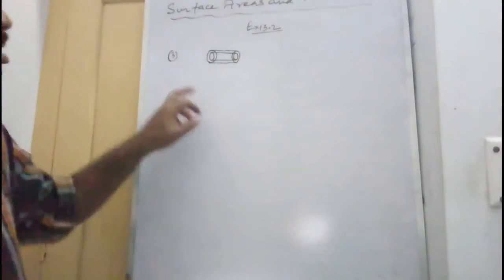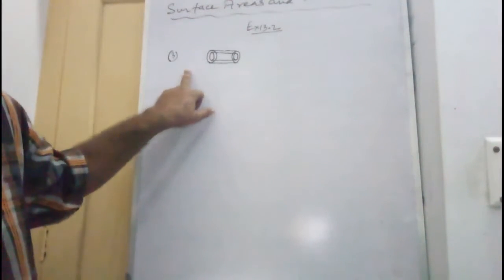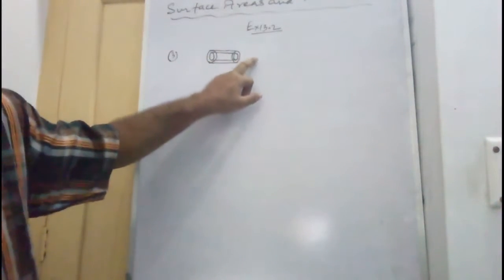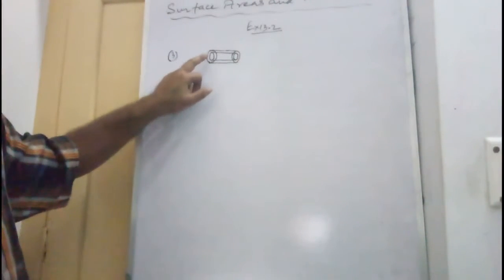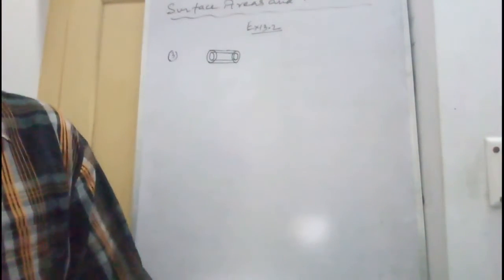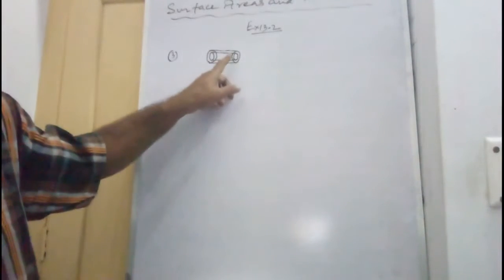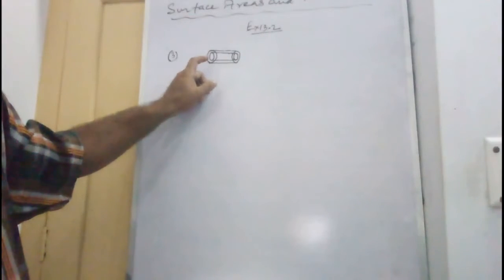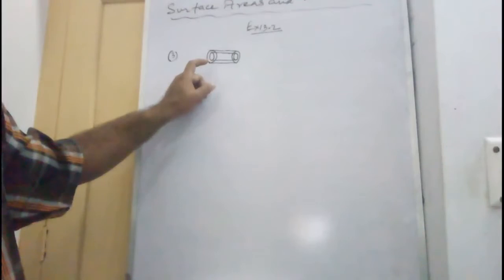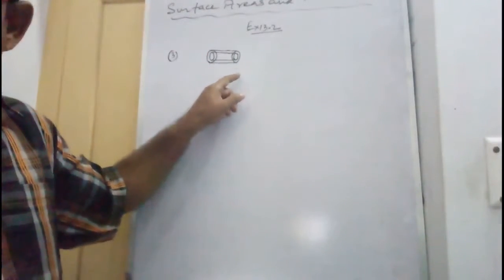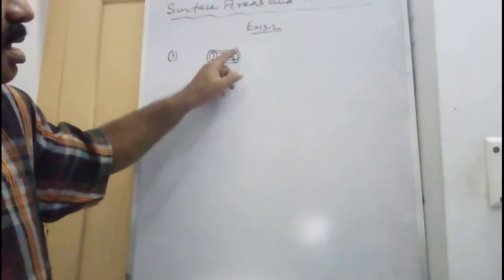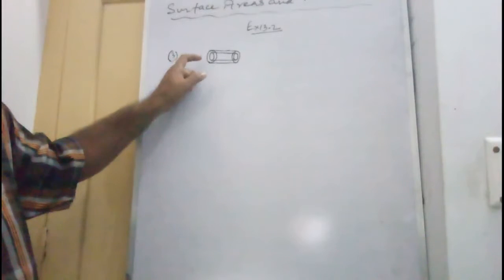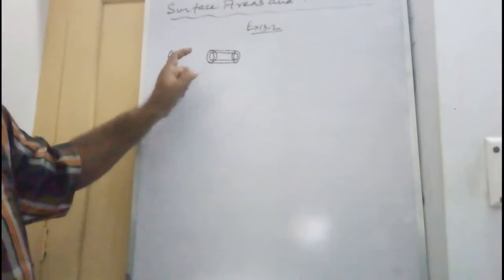Now question number 3. In this question, a metal pipe is 77 centimeter long, the inner diameter of the cross section is 4 centimeter and the outer diameter is given 4.4 centimeter. So in this question, you have to find the inner curved surface area, outer curved surface area, and then find the total surface area.